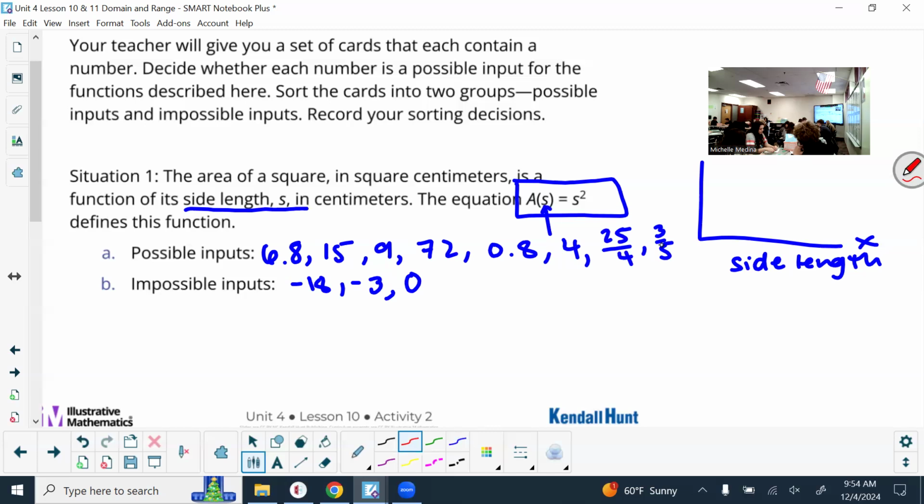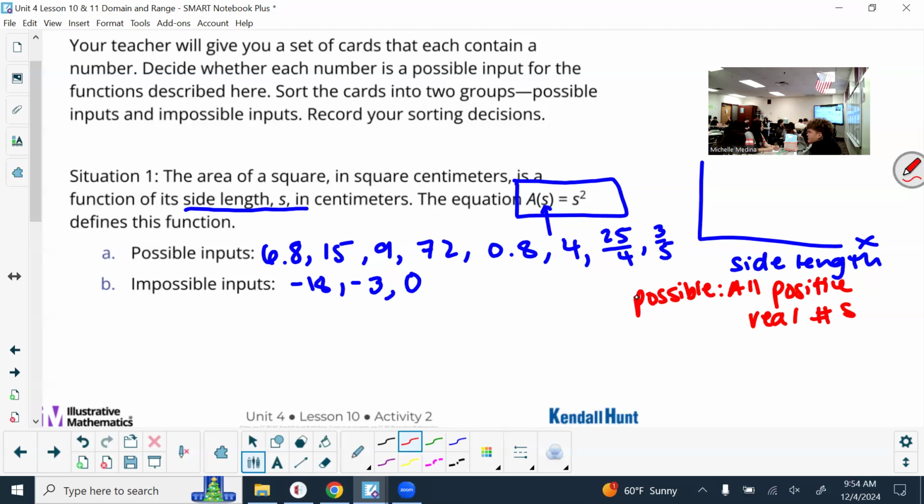To summarize, anything that's possible for side length, or possible/reasonable, which are the other words that they use, would be all positive real numbers. That's more of the verbiage that they'll use on your test when we talk about possible or reasonable.